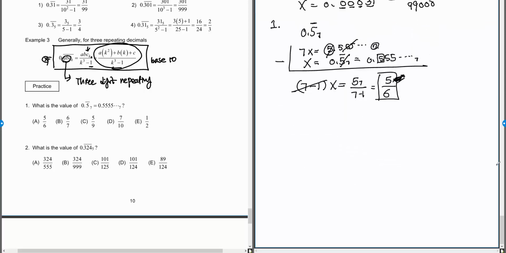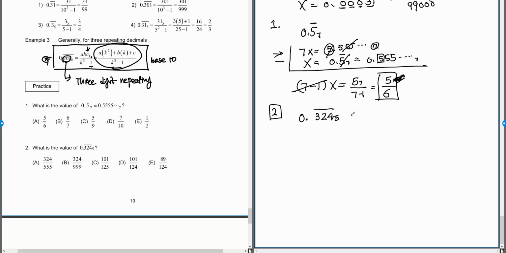Okay, now try number 2. Now we're going to apply the formula, right? We don't have to solve this one every time. Alright, so we already try to use the formula. 0.3245, 3-digit repeating.